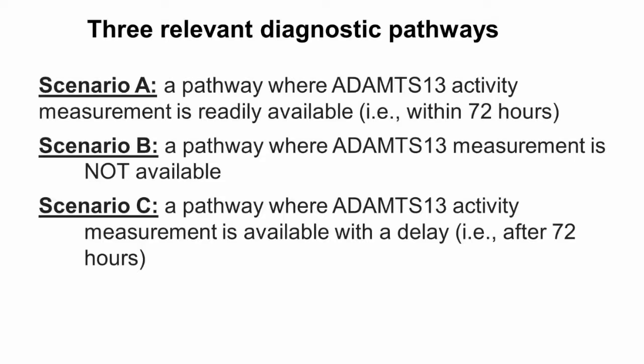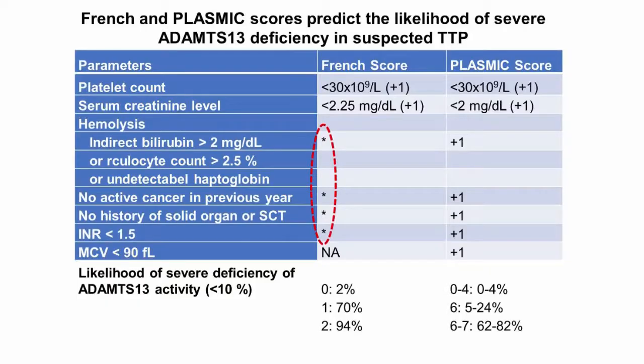Before you do all the ADAMTS13 tests, of course, you can use some of the clinical parameters to determine the likelihood of the patient having a severe ADAMTS13 deficiency, defined as less than 10%. There's a French score or PLASMIC score that can predict that.